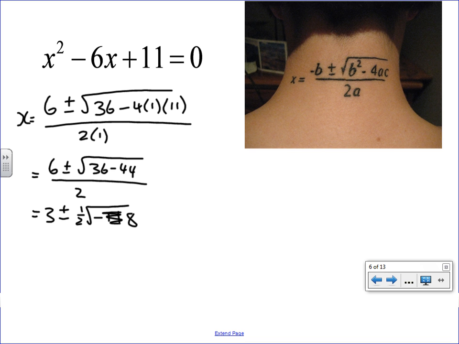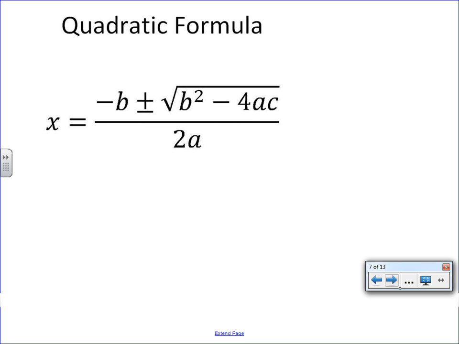Yeah, problem. Can't square root that. So we've come to a halt. I haven't got any answers not because I can't find them, or because I went wrong, but because there aren't any, because it doesn't have any roots. So I was obviously trying to find the roots, and there weren't any. Maybe it looked like that, and it simply doesn't cross the x-axis. Okay, another one? No, that's all.